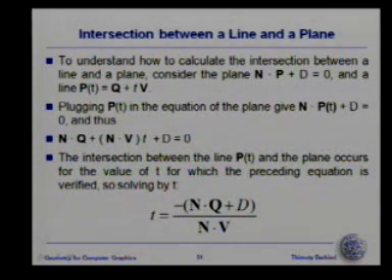Now that you know how to write a ray and you know how to write a plane, it can be interesting to perform an intersection between a line and a plane. Why is it interesting to intersect a ray with a plane? For example, in ray tracing, we cast a ray in the space and we hope to hit something, right?